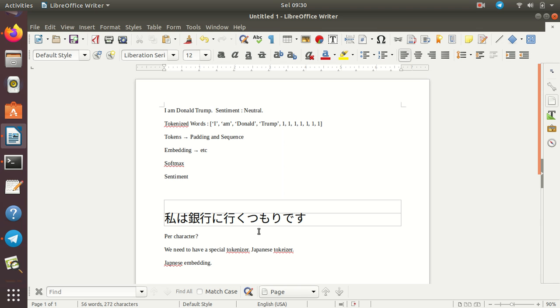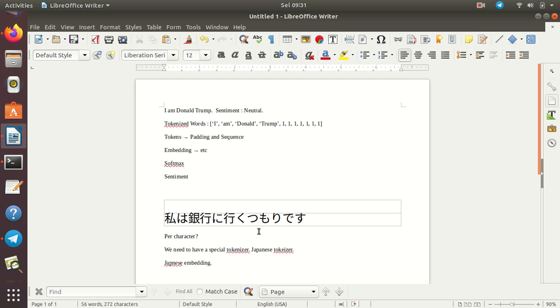In other languages, every word represents a meaning. In Japanese you can't do that because you do not have spaces, so a word tokenizer won't work.